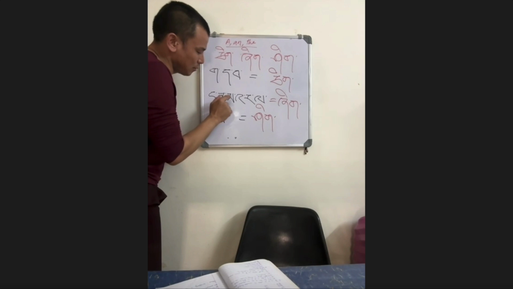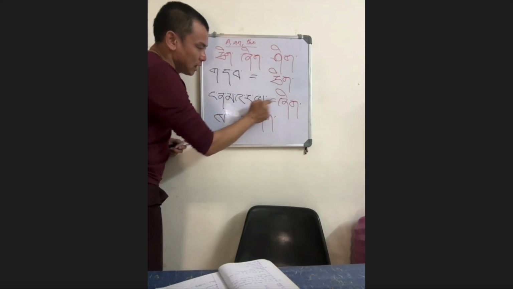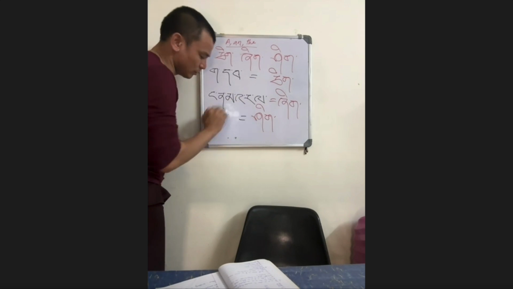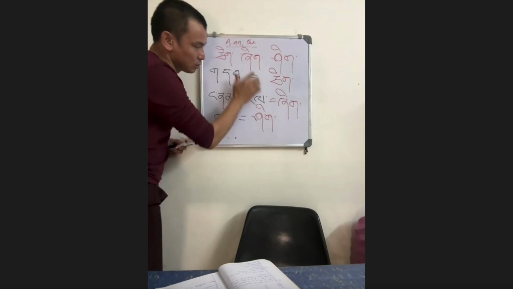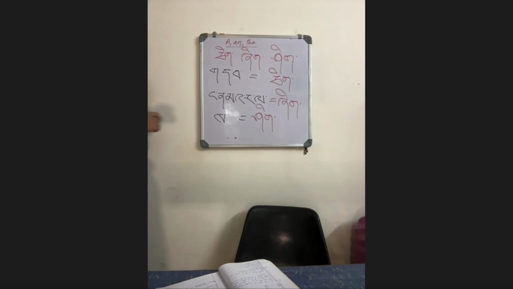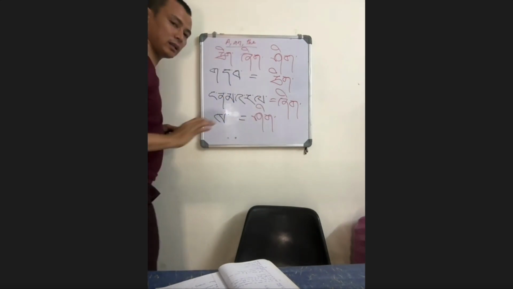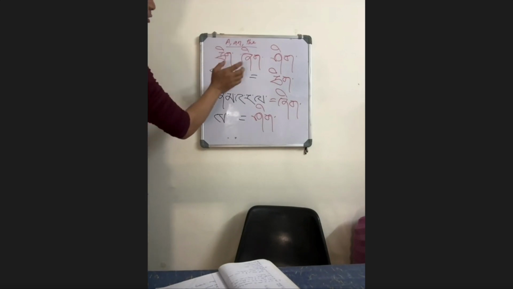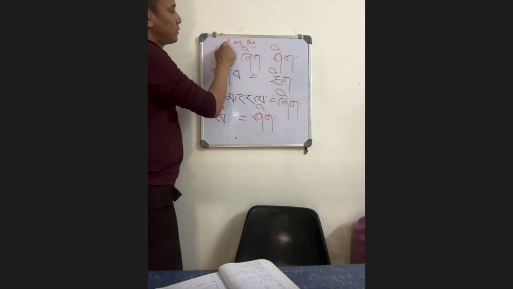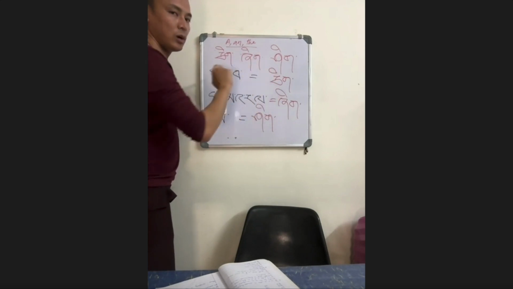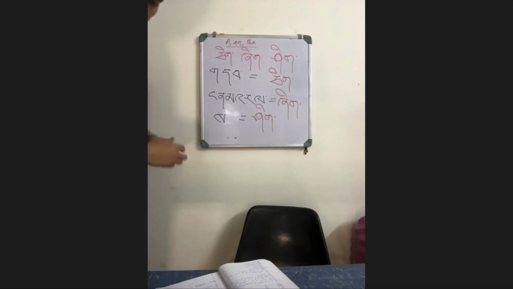Na, ma, a, ra, la always bring shik. And only sa brings shik. So this article works as in English as a and the. In Tibetan it's not like a different a and the. Just these three work the same. They all work the same.